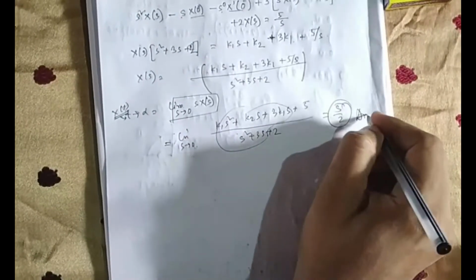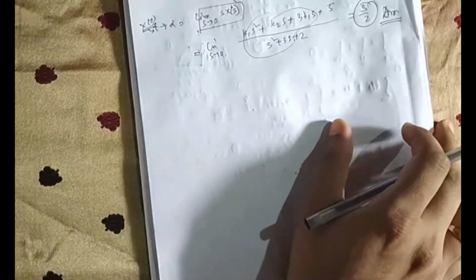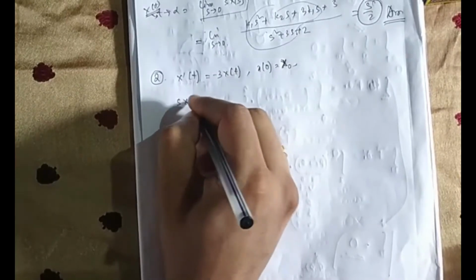So 5 by 2 is the answer. So if you see a simple differential equation, you can try with Laplace. For differential equations having other variables, in that case we will use normal differential equation formulas, but for a simple differential equation it's better if you go to Laplace. Then what is the solution? You can take Laplace, as I was mentioning.